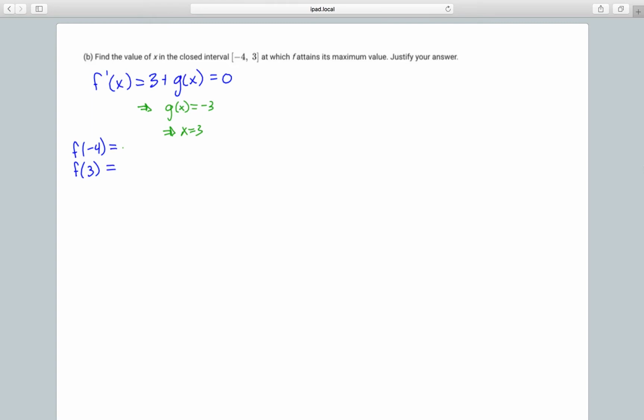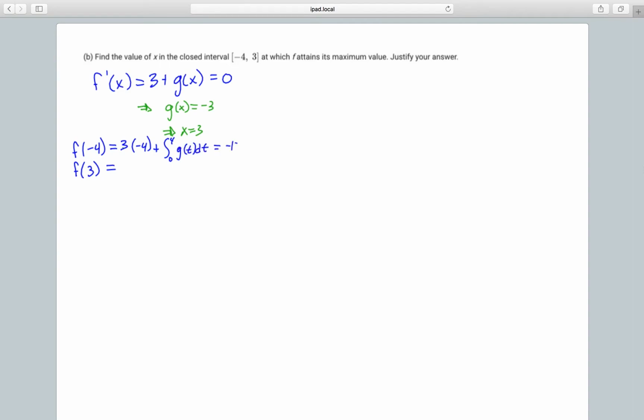So let's first find f of negative 4, which is going to be 3 times negative 4 plus the integral from 0 to negative 4 of g of t dt.